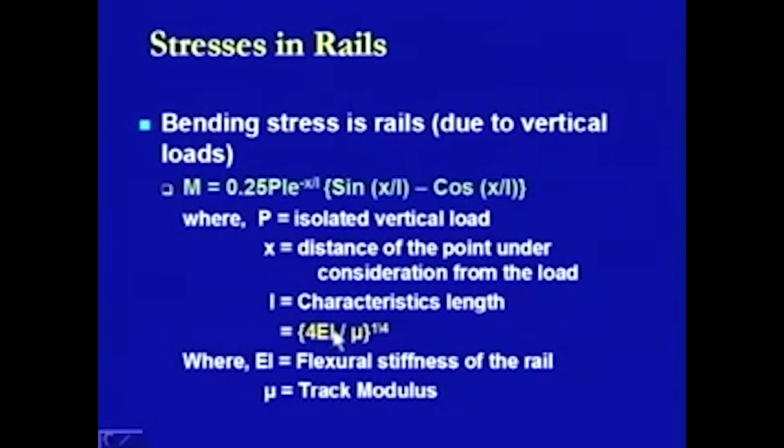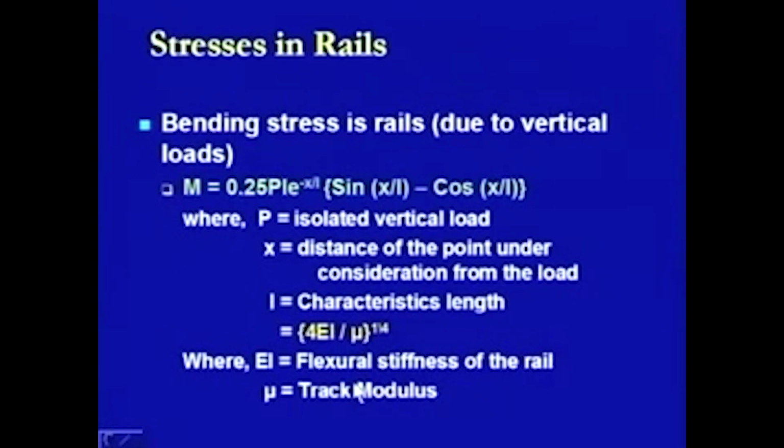So, combinedly together this defines the flexural stiffness of the rail section, and mu is the track modulus, as we have seen previously how to compute the track modulus on the basis of the spacing of the sleepers and on the basis of the number of the sleepers, or on the basis of the deflection which have been caused on the different number of sleepers which are provided below any rail section.